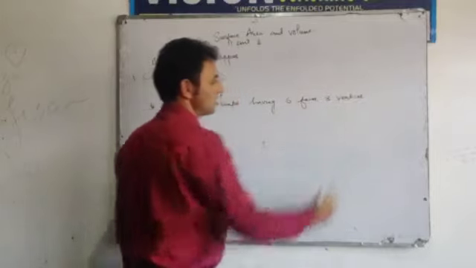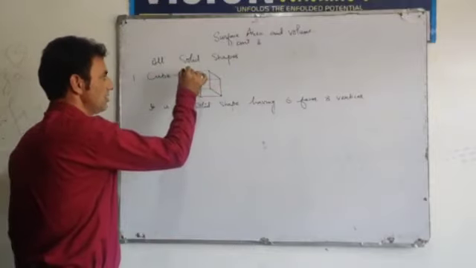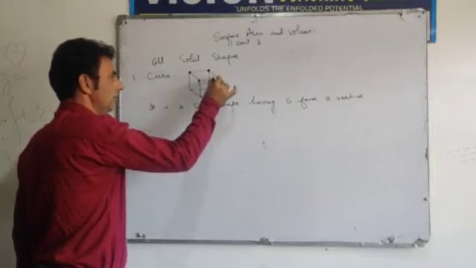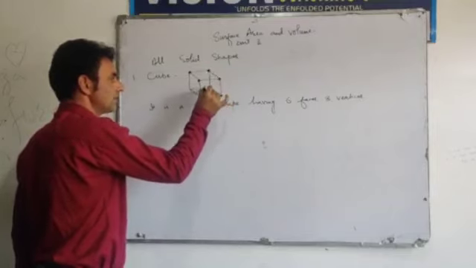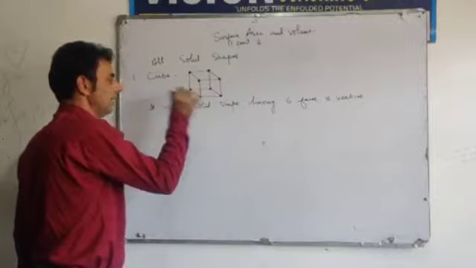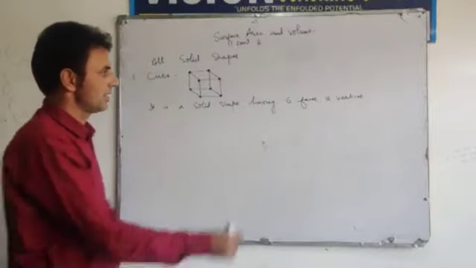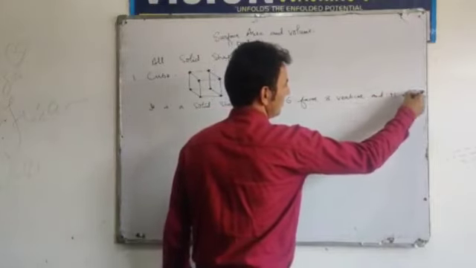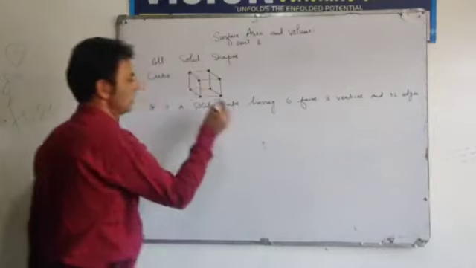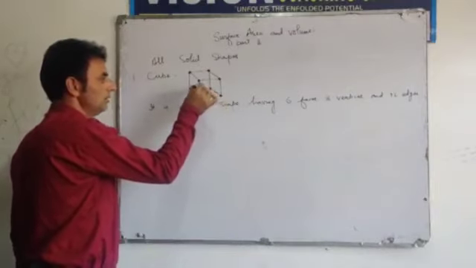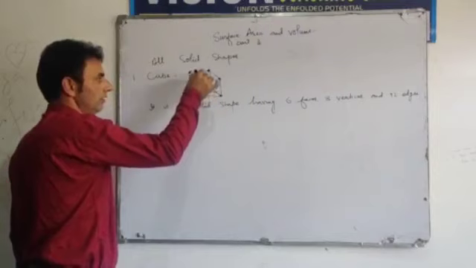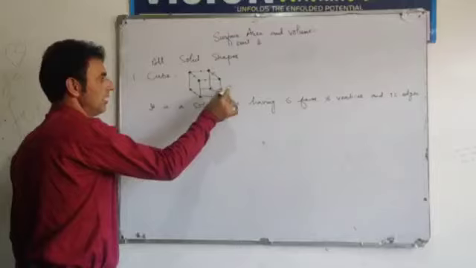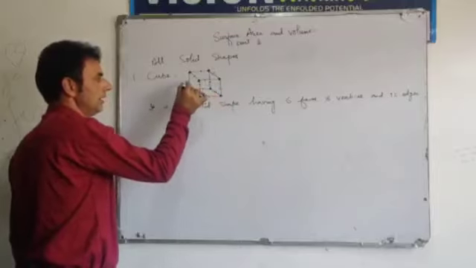Let us check these 8 vertices: first, second, third, fourth, fifth, sixth, seventh and eighth. And 12 edges. See these 12 edges: 1, 2, 3, 4, 5, 6, 7, 8, 9, 10, 11 and 12.